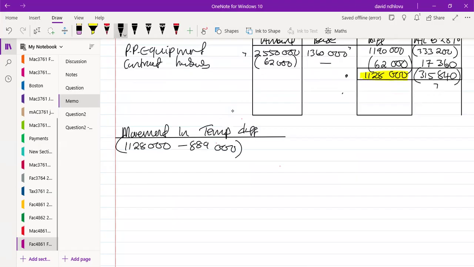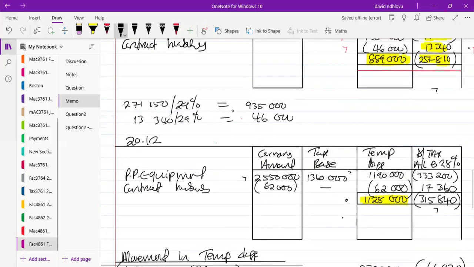So 1,128 minus 889,000, then we're going to sit on 239. That's a positive amount. Therefore, the movement in deferred tax times the current rate, 28%, you are going to have 66,920, and that's a negative amount.